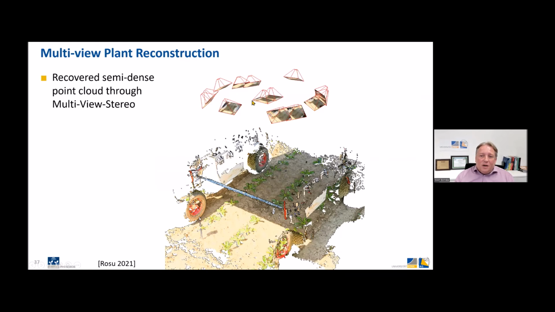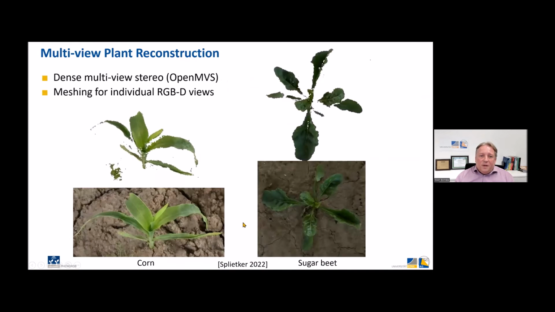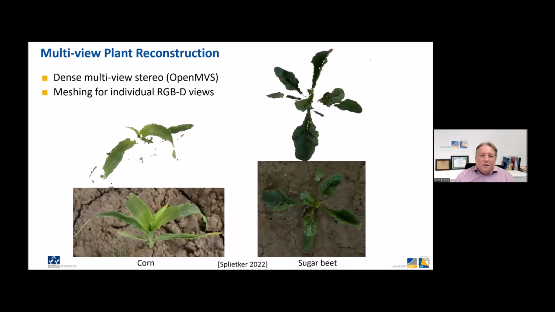So we know where the cameras are and how they are calibrated, and we can recover a point cloud of the scene. And if we visualize this, then we get results like these.